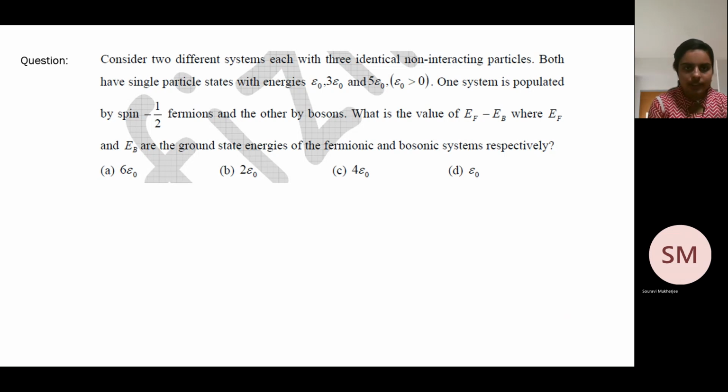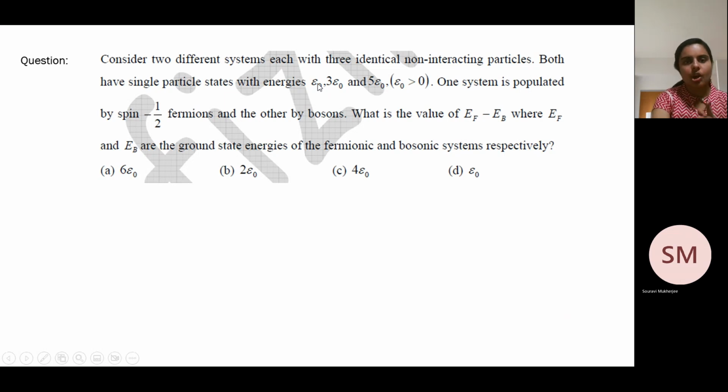So now suppose we first consider bosons. What we just learned about bosons is that you have no limit or no condition on the number of particles that can be there in a particular state. So ground state corresponds to the minimum energy possible. So now you have three identical non-interacting particles. So what can happen is that all the three can go to the minimum energy level, right?